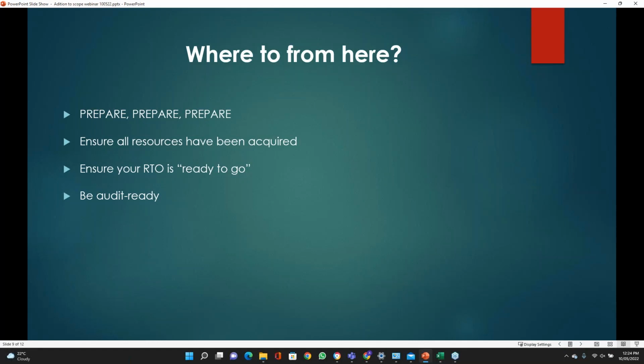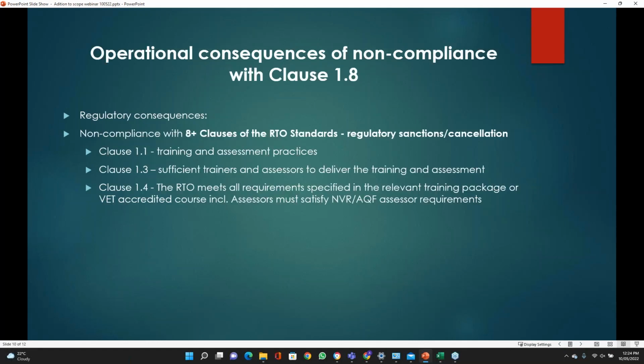And guys, it might be a week, it might be a month, it might be 3 months. We just don't know. But despite the fact that all RTOs at all times must be audit ready, it is even more vital to do so when you've made any kind of changes to your RTO's operations on ASQA, and especially if you applied for an addition to scope.